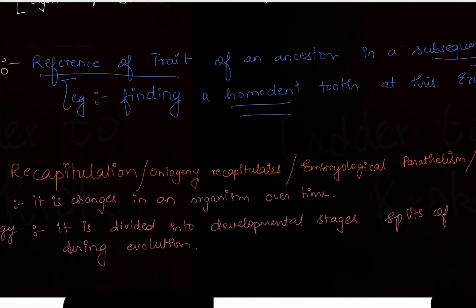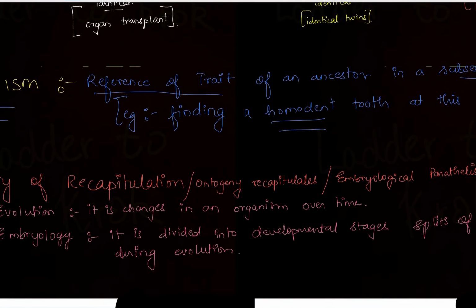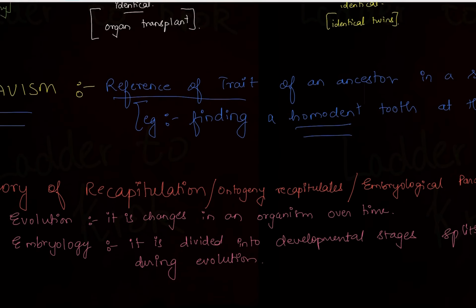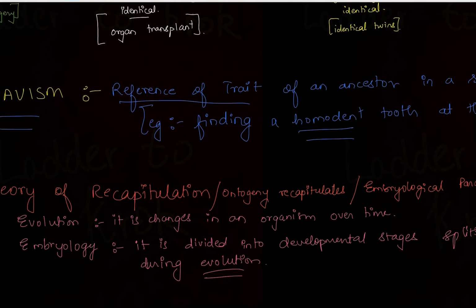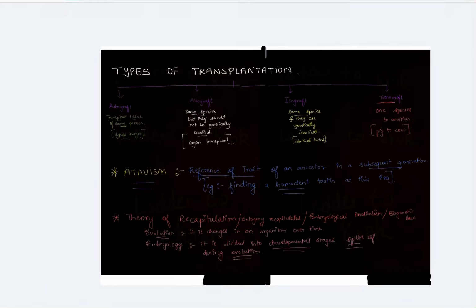Our embryological development is divided into stages. We have first trimester, second trimester. We have weeks also, on the basis of weeks, that in this week this is formed, in this week this is formed. But this is a rough idea, okay? Sometimes some things can get delayed in a fetus, some things can be made very early, okay? So we have sometimes premature baby, sometimes we have overly mature baby. So all these things, these stages which are divided, and the time which is taken, this leads to evolution actually, okay? So evolution came from this developmental stages split, okay?